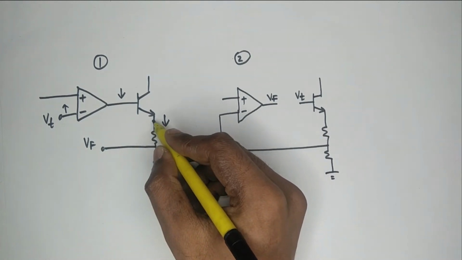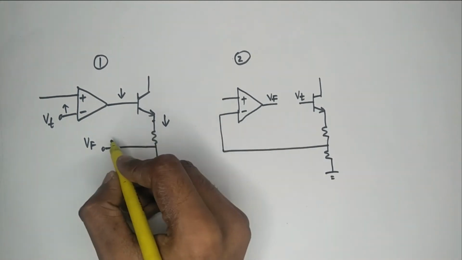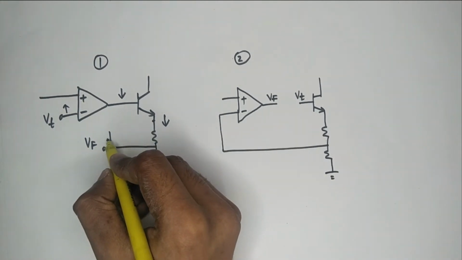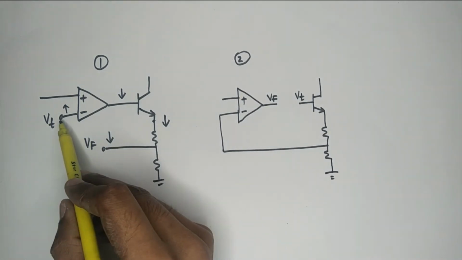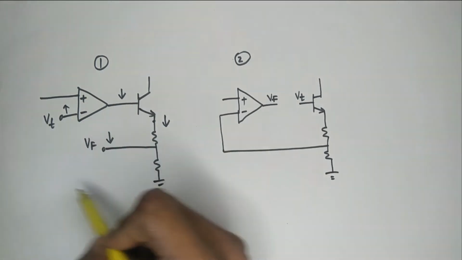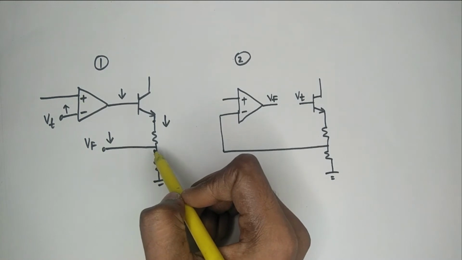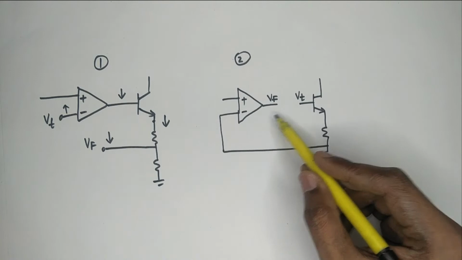If voltage at this node goes down, we can say that the Vf signal goes down, and we can clearly see that Vt and Vf are of opposing nature. It means that the circuit is trying to come back to its initial state. Now let's check for this case.